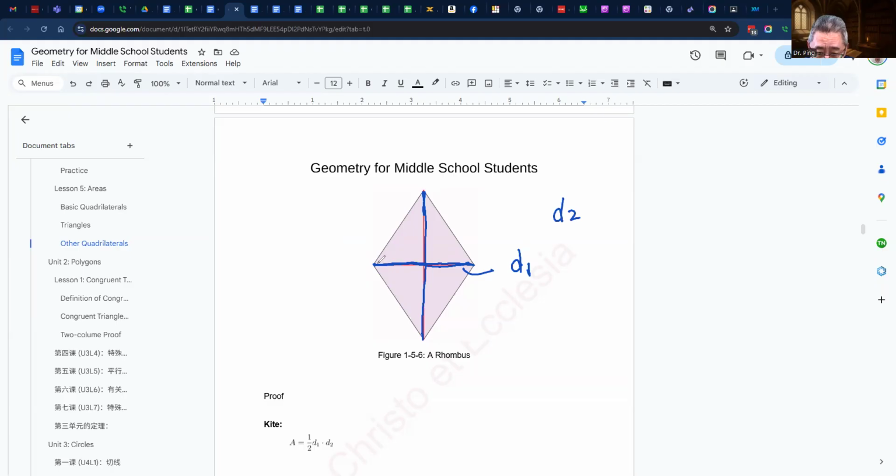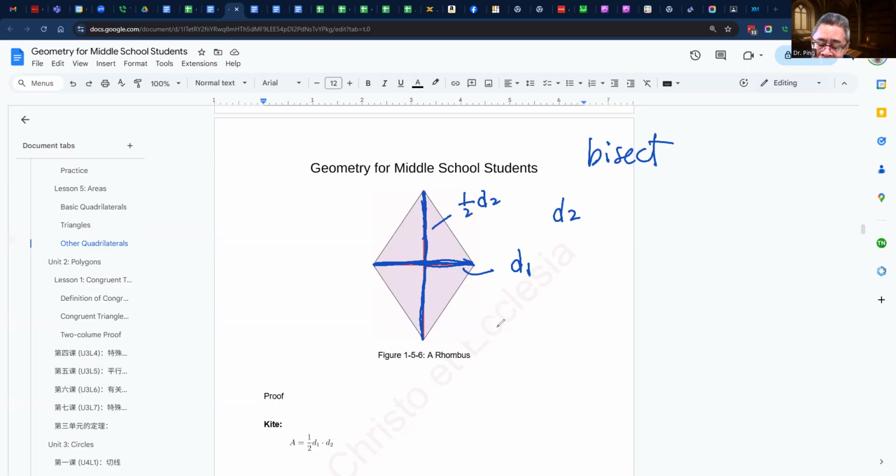Now, the nice thing about rhombus is that the two diagonals cut each other in two. That's what we call bisect. So if bisect, then we know that this is D1 and this one here will be half of D2.